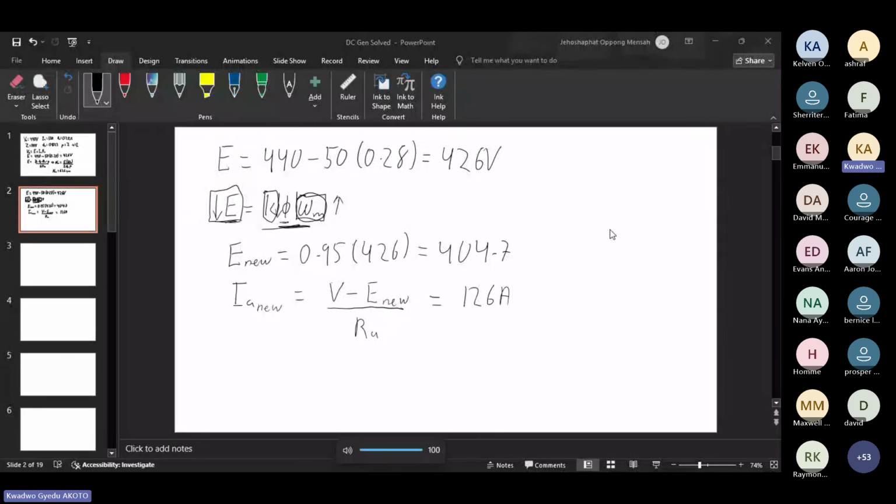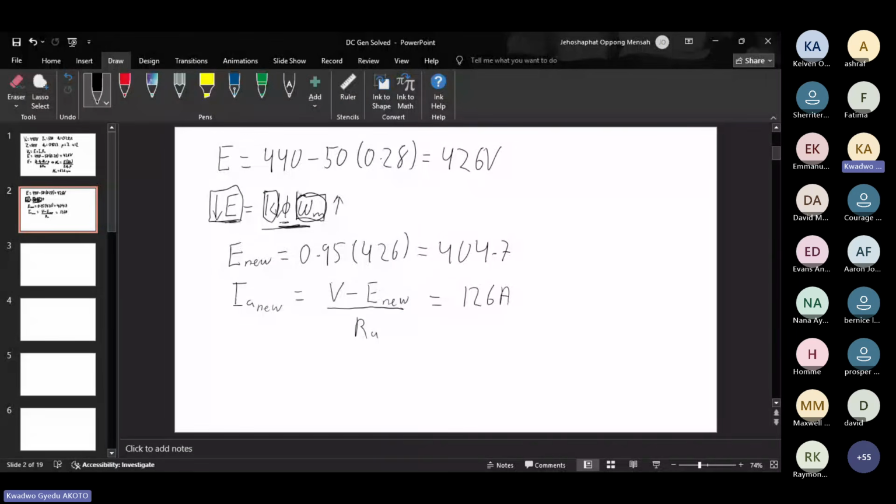Yeah. Okay. So all I was saying there is that our new E, if speed is yet to change, and phi and K is already a constant, then our reduction in E is going to be from our reduction in phi.